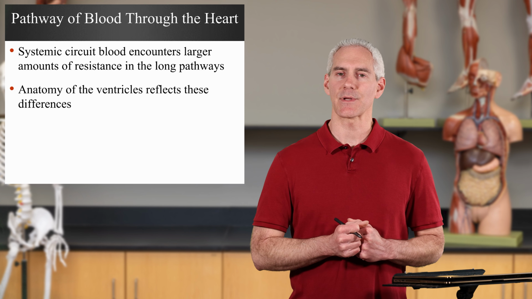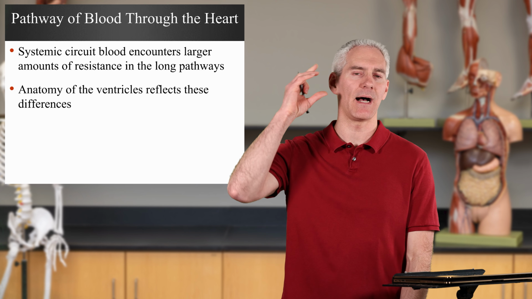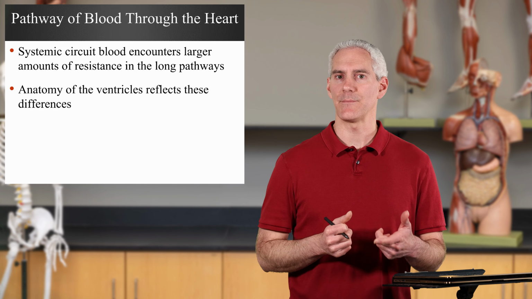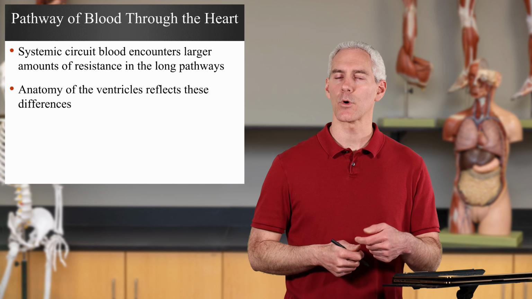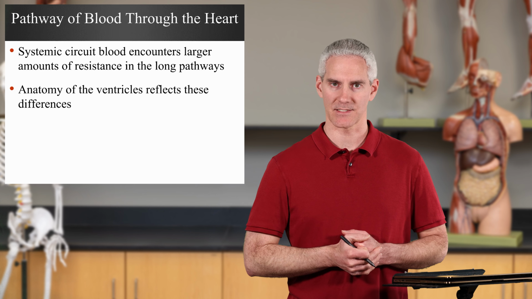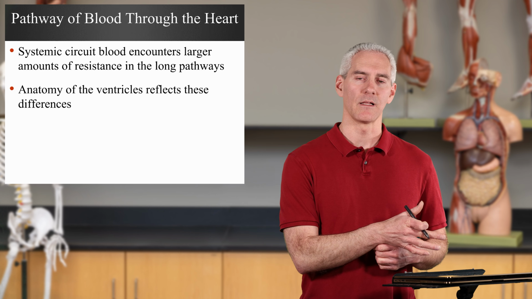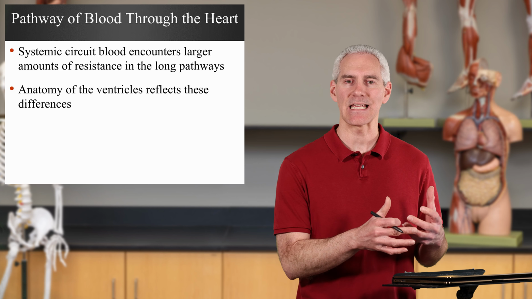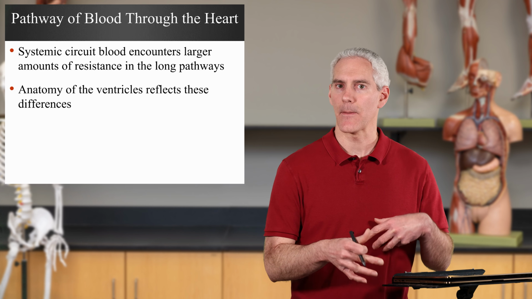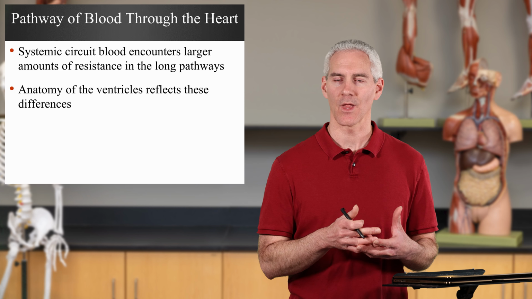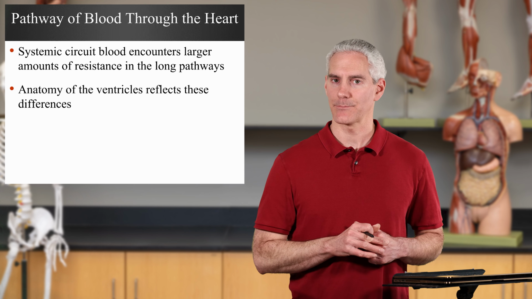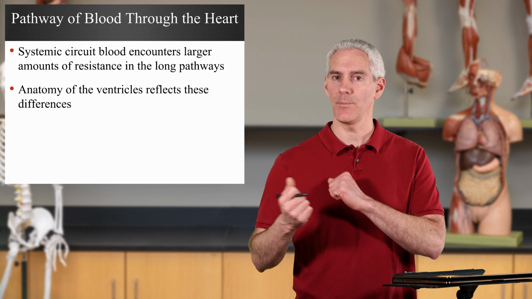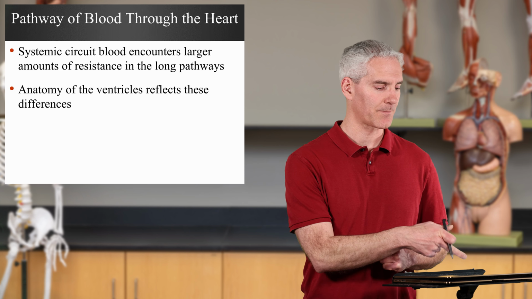That's because the systemic circuit pumps the entire body. So therefore, that means that there's more resistance and more pressure in those vessels. So overall, this whole system has to reflect that. The anatomy must show the difference of the systemic being high pressure, the pulmonary being low pressure.